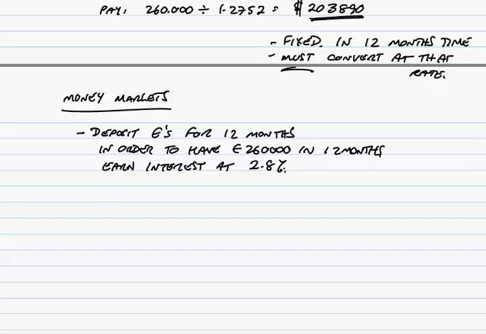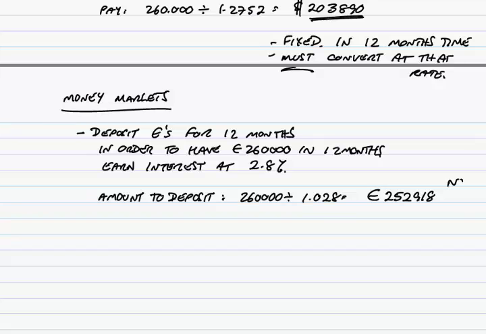So the amount we need to deposit, if we're earning interest, we'll deposit a bit less than 260,000. Divide by 1 plus the interest rate. 260,000 divided by 1.028 is 252,918.